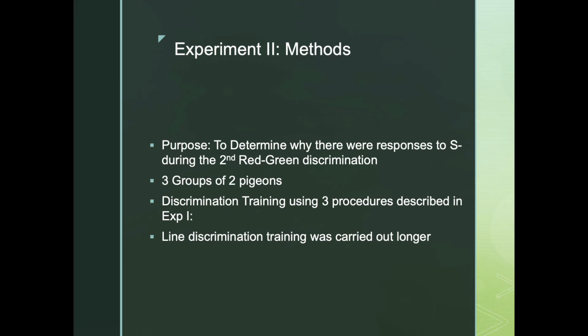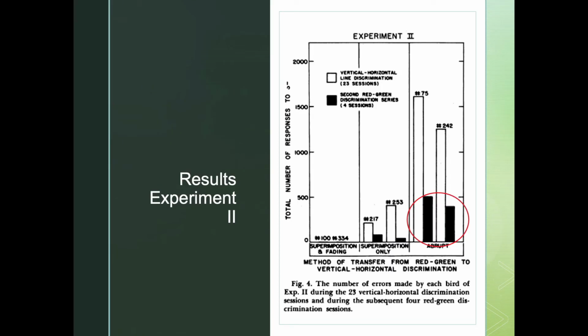So because the lines acquired stimulus control over responding when the red-green discrimination was reintroduced, maybe that interrupted responding, the performance that was initially there. So what he did was he carried out that line discrimination longer. So one might suspect that the longer you're exposed to a new discrimination, the more the first discrimination, the red-green, might deteriorate.